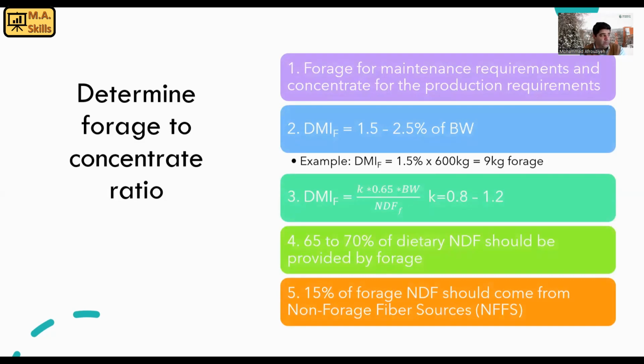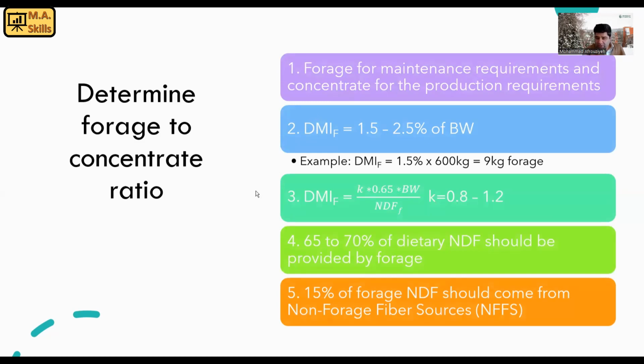So in one of my previous videos that I'm going to share the link to up here, I talked about different methods of determining the forage to concentrate ratio. You can watch that video, but overall we discussed 5 methods, as you can see here. And I'm not going to dive more deeply into these steps as I explained them in that video.